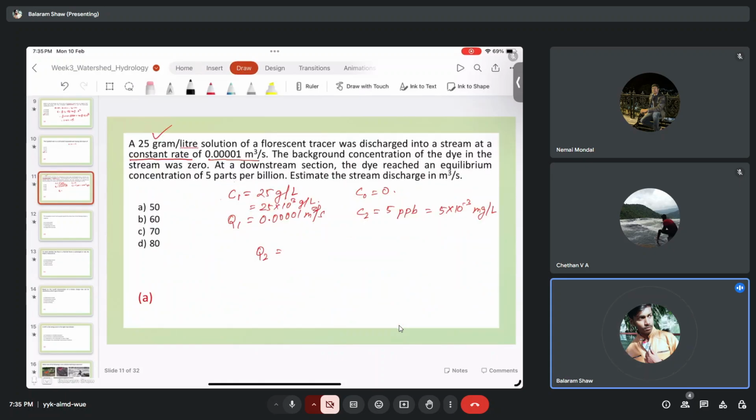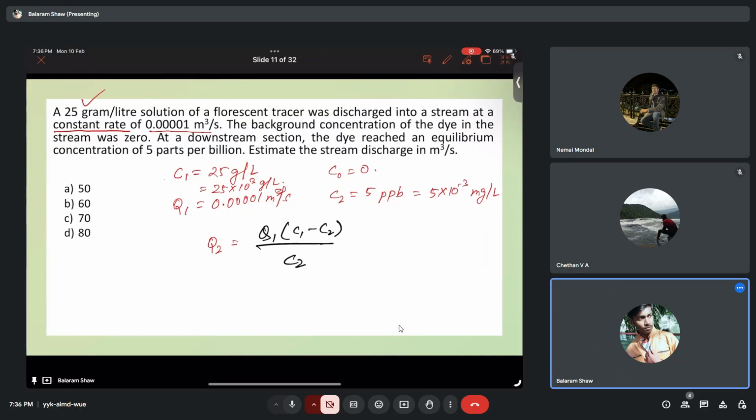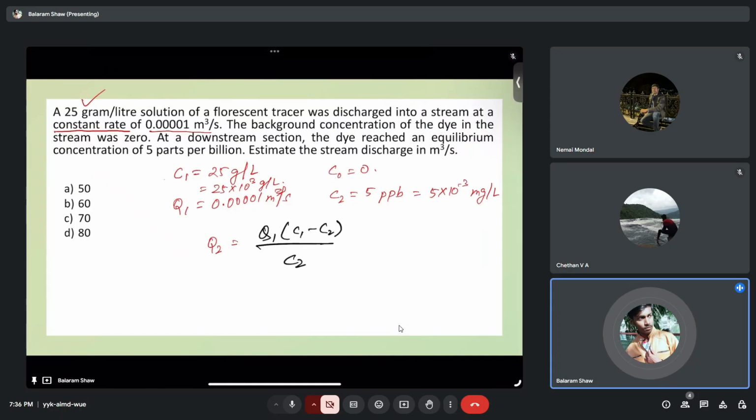Q2 equals Q1 into (C1 minus C2) by C2, okay? Right? So just put the values and we'll get something like 50 meter cube per second. Correct answer will be A. Just calculate this and get.